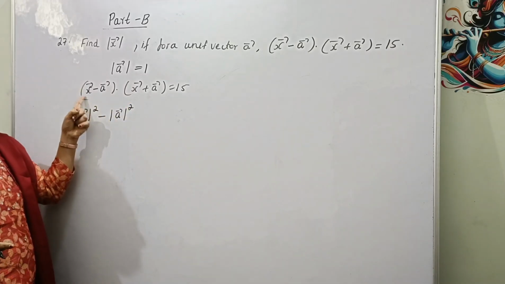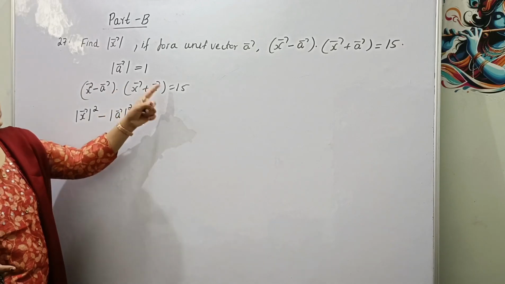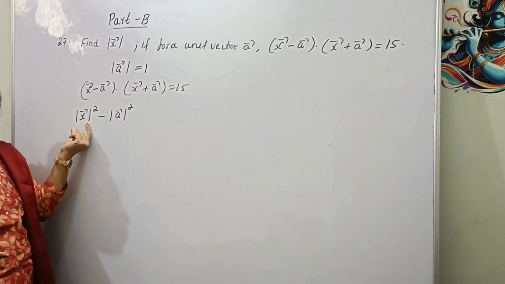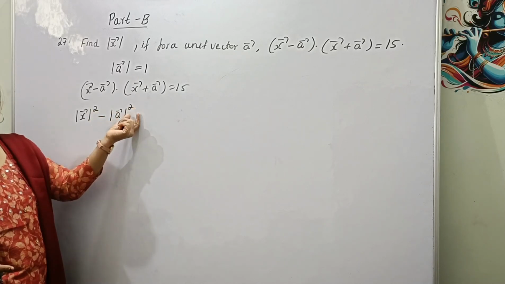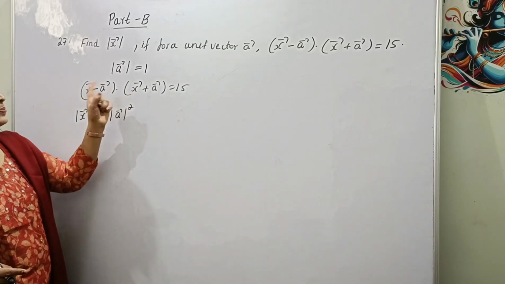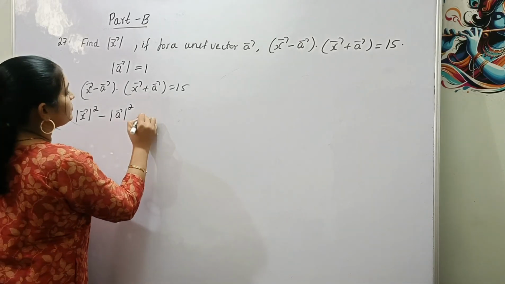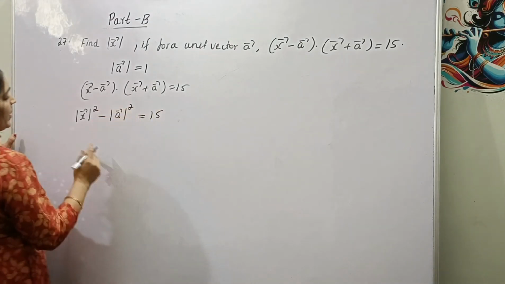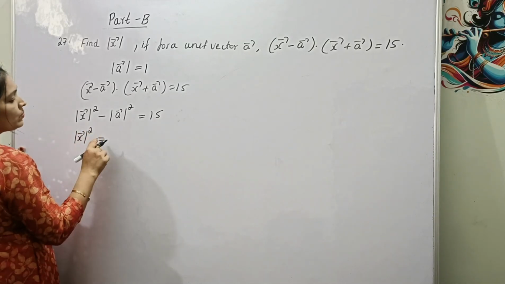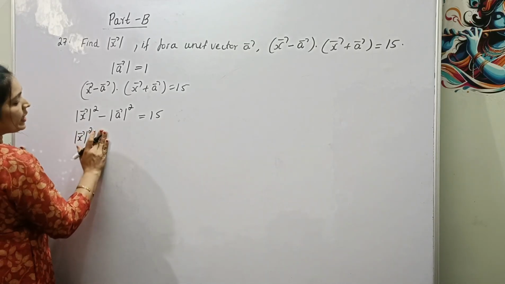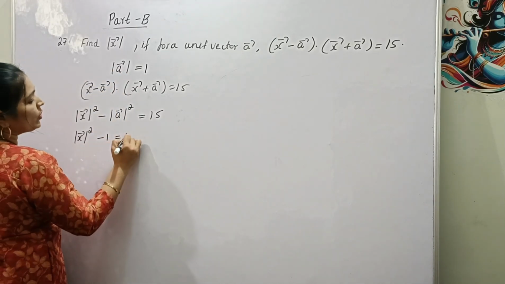That is equal to modulus of vector x square minus modulus of vector a square. Okay, the dot product of two vectors is a scalar, right? It is equal to 50. Now substitute modulus of vector a, that is 1. So 1 square is 1.